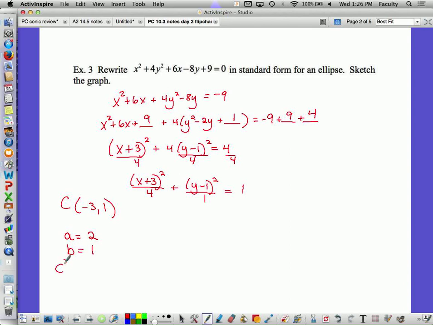We can find c squared by doing c squared equals a squared minus b squared. 4 minus 1 is 3, so c is plus or minus the square root of 3. So we're going to need that information as we work on our sketch.